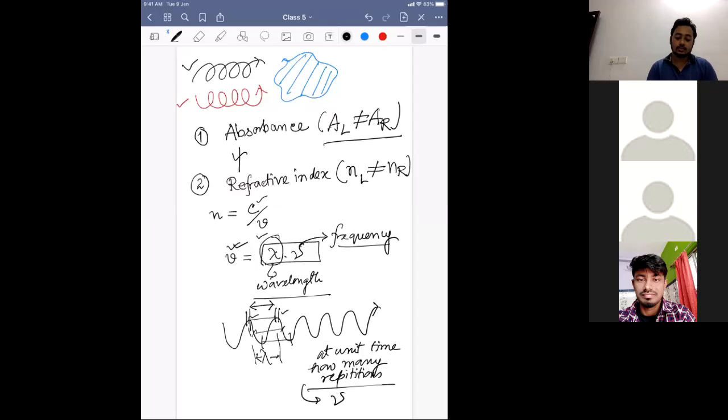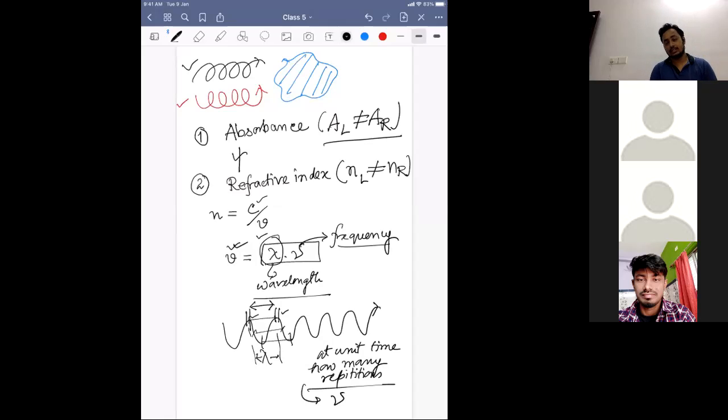So the velocity changes with respect to the interaction with the molecule, and at the same time it also changes the wavelength. That's why the refractive index is very much dependent on the wavelength.